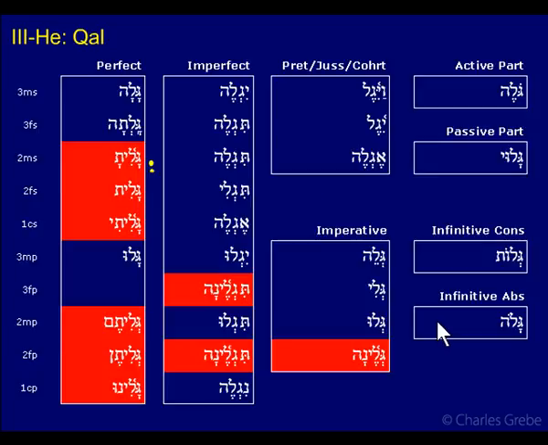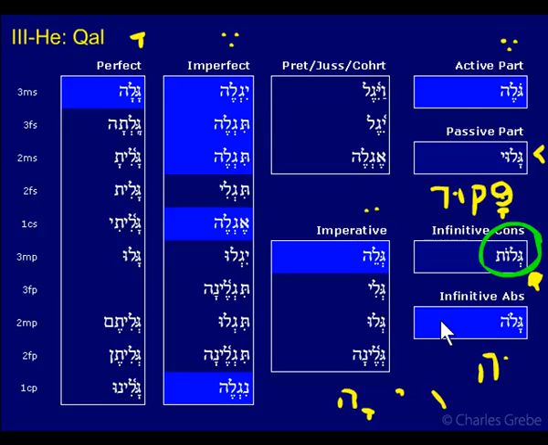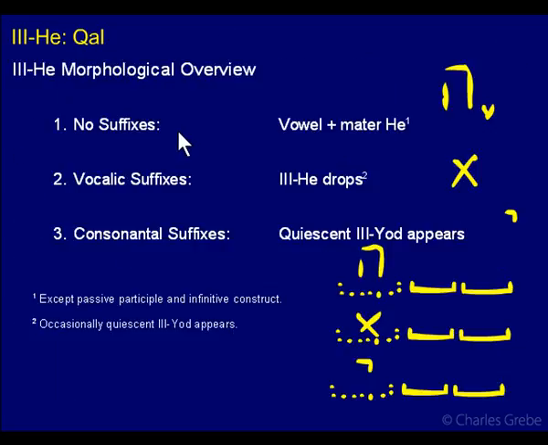Okay, so that's it. So we have our three rules. Let me go back here. We've looked at all of them. We have different vowels that go with the he. I wouldn't worry too much about what the vowels are. Just recognize that the he will show up as a mater, just like this, with different vowels for the forms that have no suffixes. Forms with vocalic suffixes, like an u here, or a e or something like that, the he just drops completely.